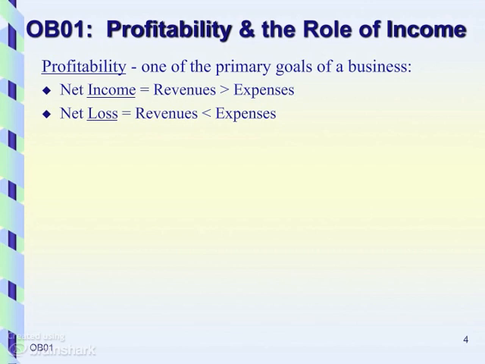Obviously, businesses want to ensure that their revenues are greater than expenses. This will cause it to earn a net income. Revenues less than expenses will cause a business to report a net loss. The two components of net income, revenue and expenses, we will explain in a little bit more detail.